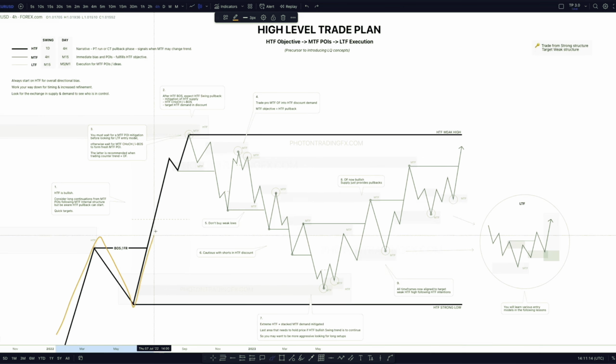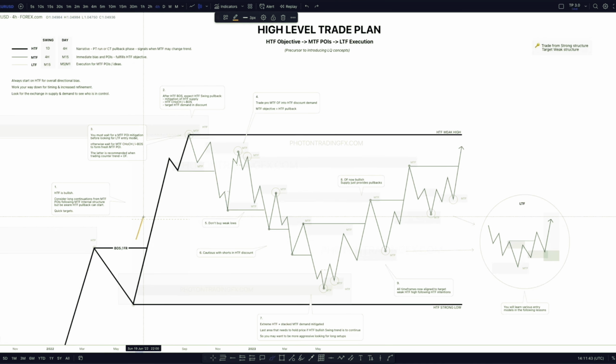So you have your overall higher time frame. You just want to know, are you currently in the pro trend run phase, or are you in the higher time frame counter trend pullback phase? All right. And the reason why that's important is because it tells you what to expect with your medium time frame. It can signal when you expect your medium time frame to change trend. So i.e. when we're here on the higher time frame and we're in that pro trend run, we know we've had that higher time frame BOS. And what do we expect after a higher time frame BOS? We expect a higher time frame swing pullback.